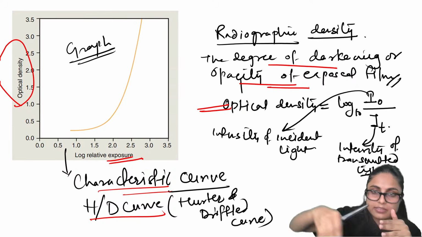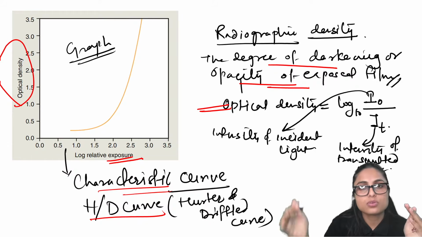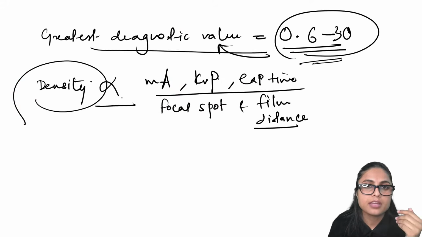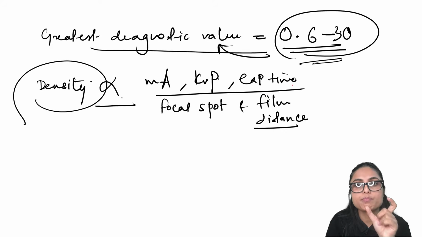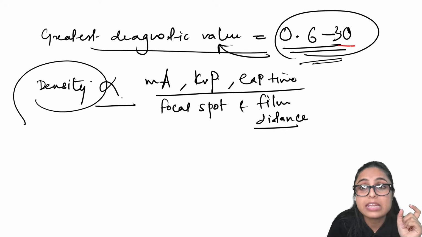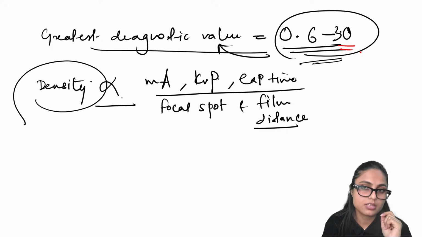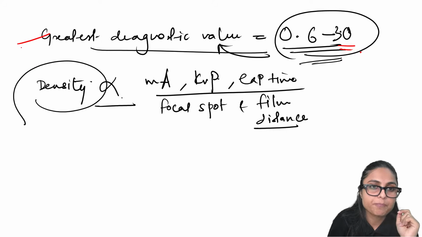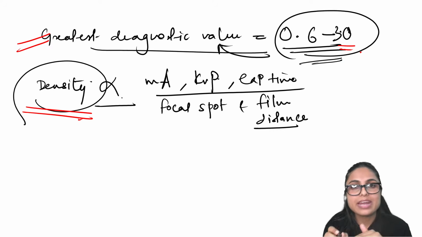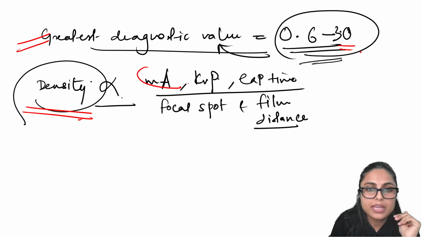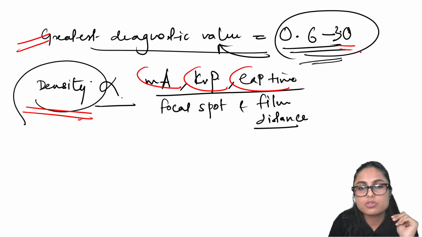As you go on increasing the exposure, the density also increases. For the greatest diagnostic value, the density of your radiograph should be between 0.6 and 3 optical density units. Just remember this. Density is directly proportional to mA, kVp, and exposure time.